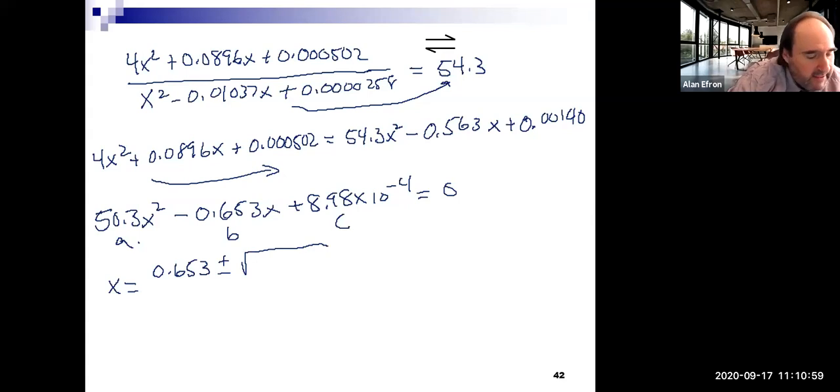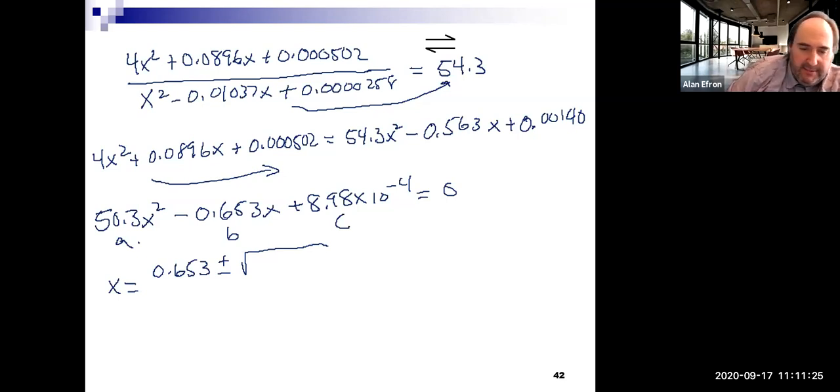Again, I'm just going to put the numbers in and kind of clean it up. So that is B squared, which would be 0.653 squared minus 4 times A, which would be 50.3, times C, which would be 8.98 times 10 to the minus 4.